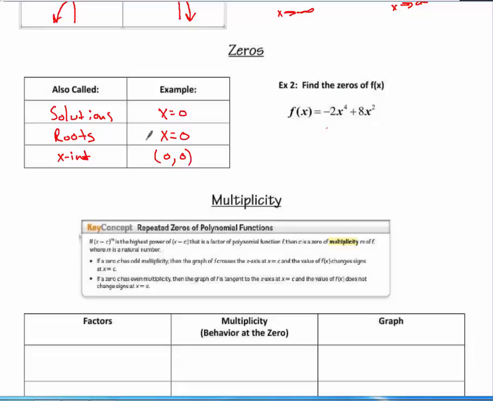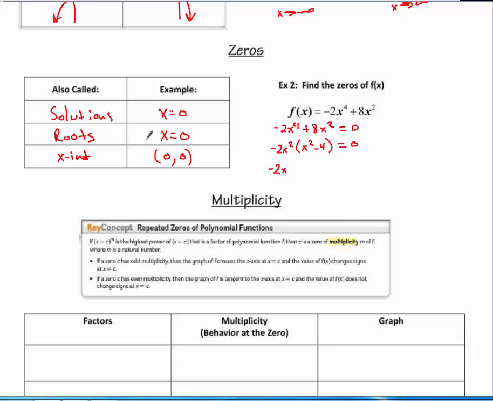So find the zeros of f of x. Well, to find the zeros, you set your equation equal to 0, and you solve it. So we can take out a negative 2x squared, and we're left with x squared minus 4.